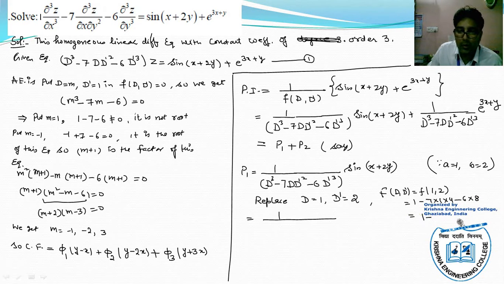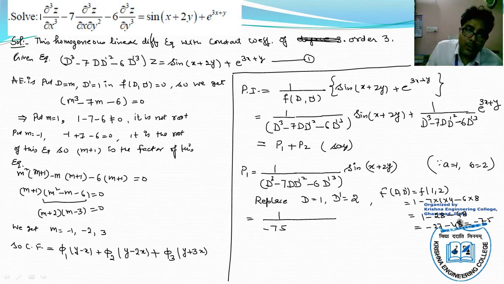This is 1 minus 28 minus 48. This is minus 27 minus 48. That is minus 75. Clear? So this is minus 75.